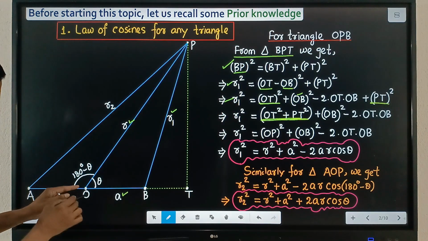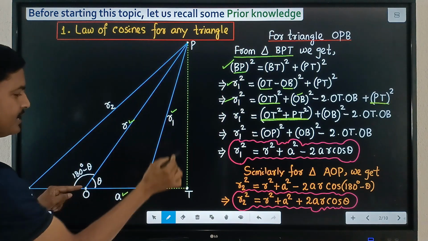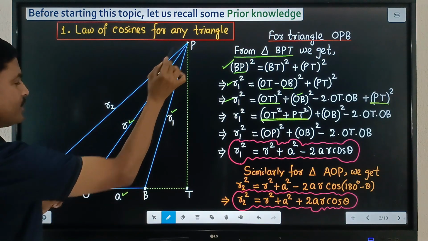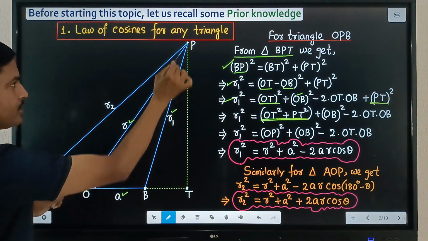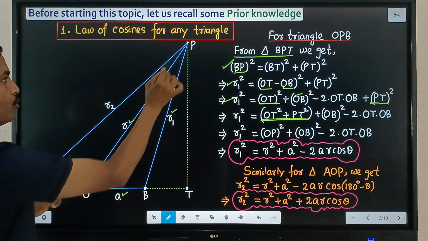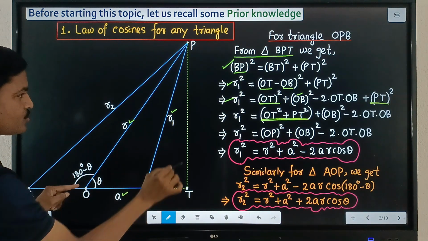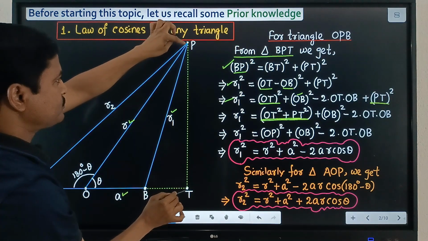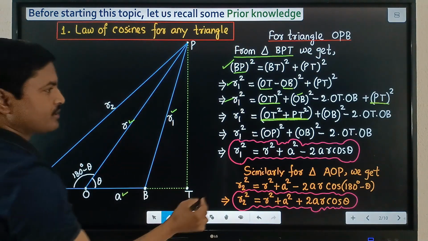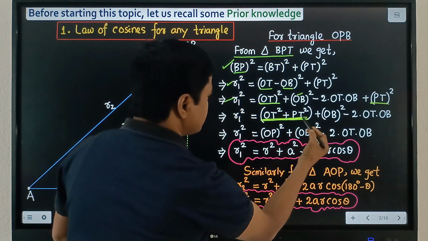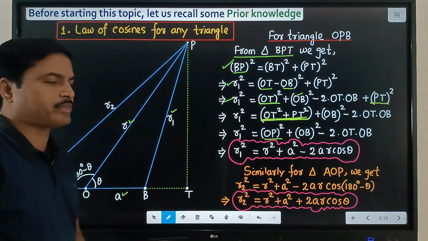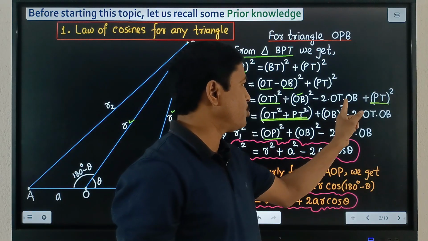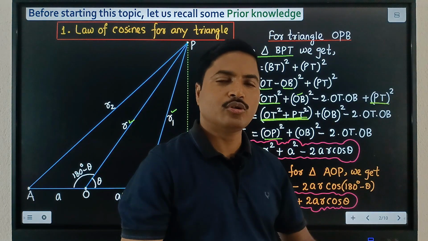Look at another right angle triangle, OPT. Here OP square is equal to OT square plus PT square. In place of OT square plus PT square, we write OP square. Next, OB square is there, we write the same OB square, and minus 2 OT OB, we write minus 2 OT OB.